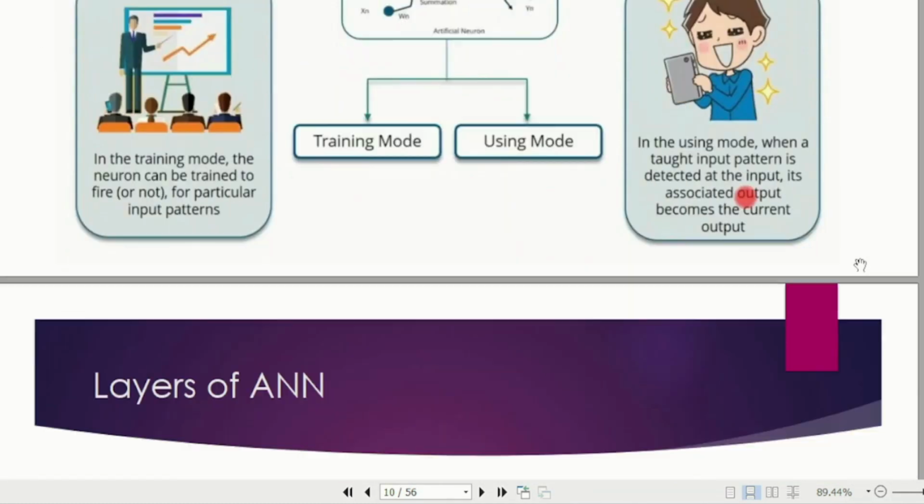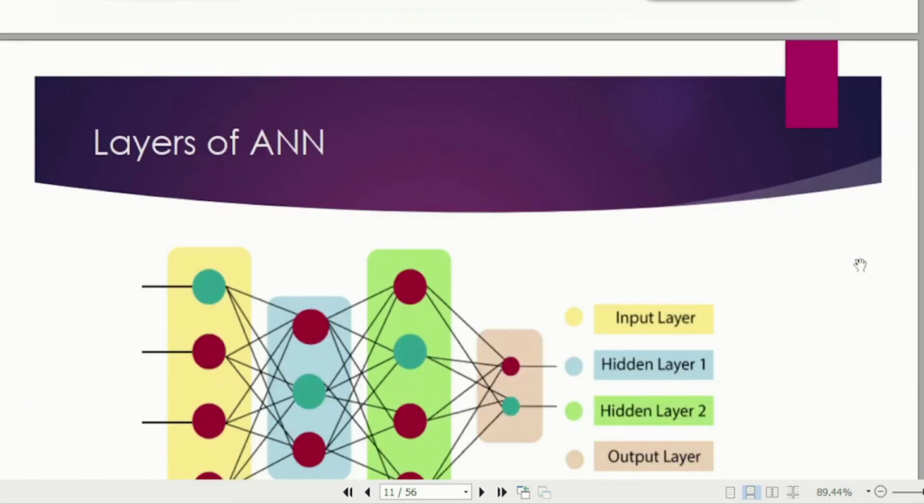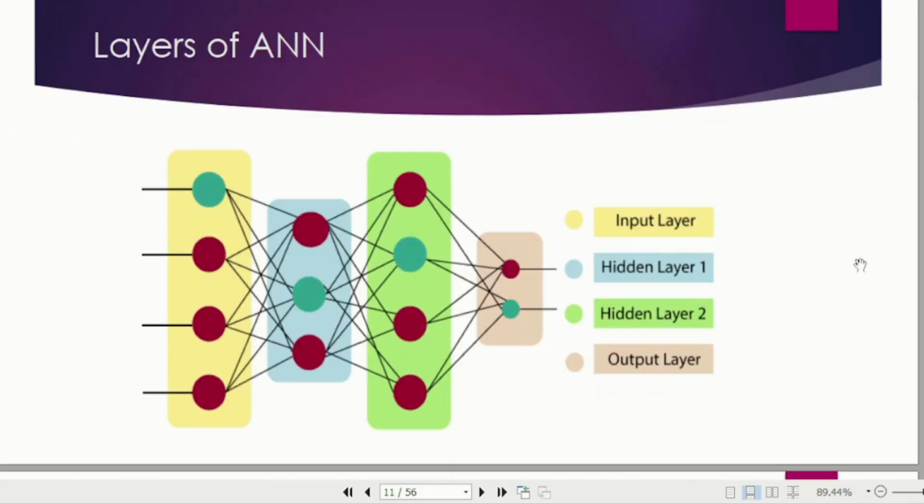Moving forward to the next slide, that is basically the main topic of our presentation, the layers of the artificial neural network. The work of our artificial neural network does not depend only upon the inputs and the outputs, it is also concerned with the hidden layers. Now, what are the functions of those layers?